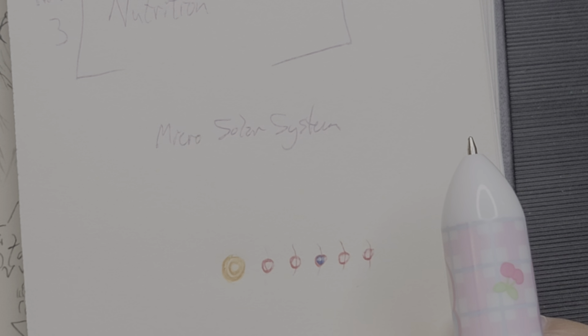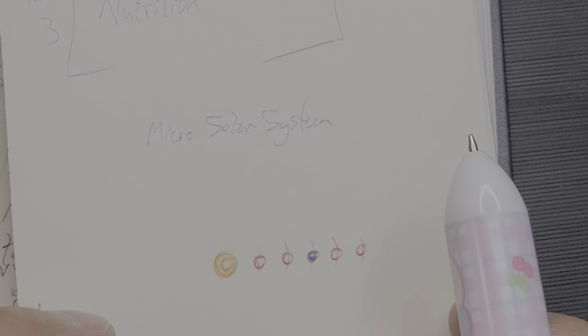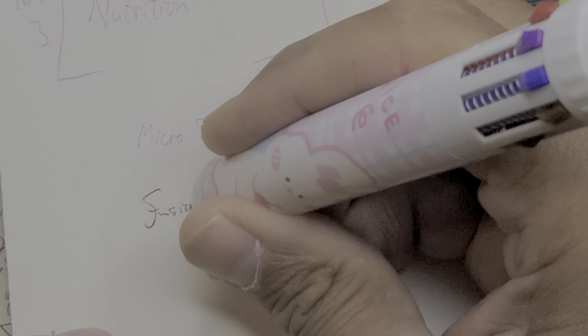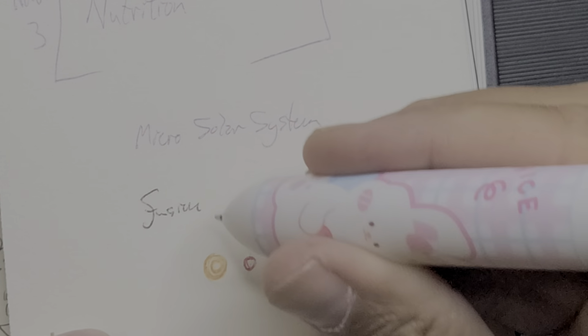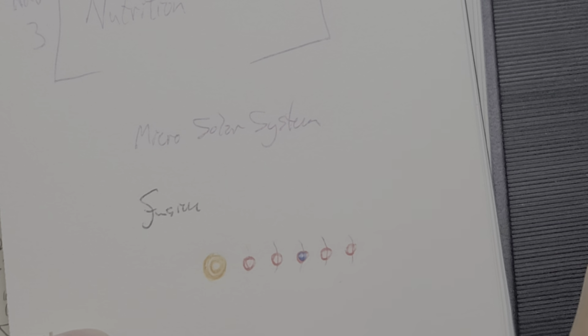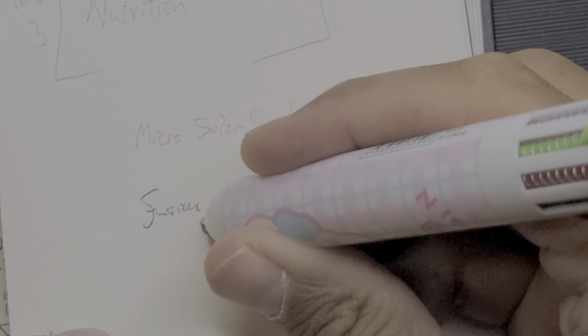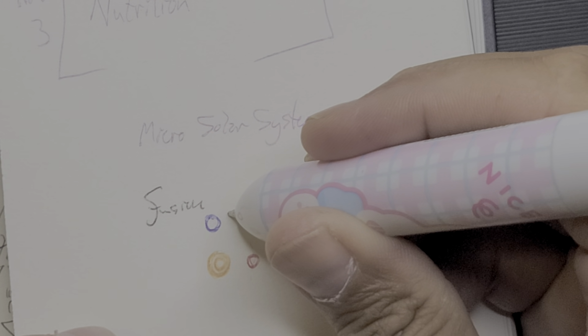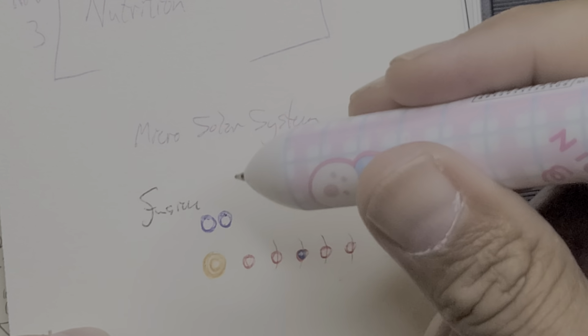So fusion is joining together. That would be like, let's say, the bunny pen here. Fusion would be, let's say, taking hydrogen and getting them to join together, kind of violently, I suppose, to make a heavier nuclei, which is the center of that atom.